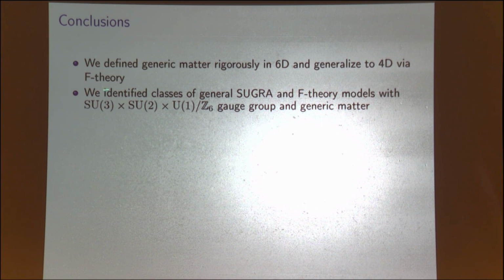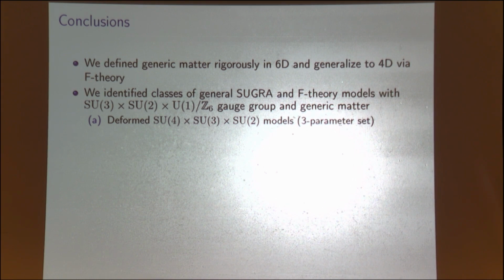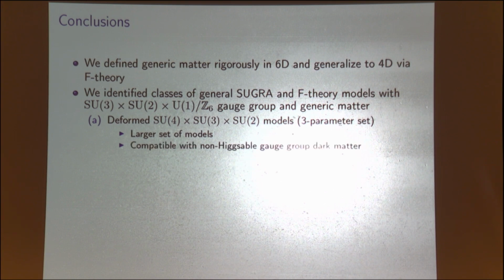And again, we chose this gauge group because the generic matter includes the representations of the standard model. I found 2 classes of such models. The larger class was this 3-parameter set, which unhiggses to SU4 times SU3 times SU2. And this is compatible with non-Higgsable gauge group dark matter, as I said on the last slide.